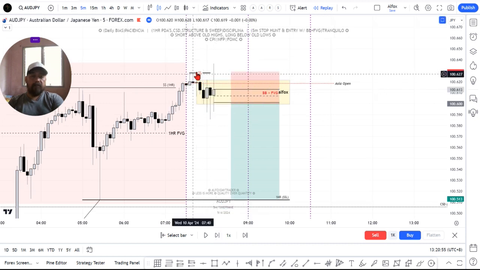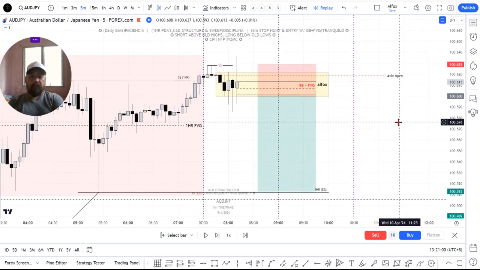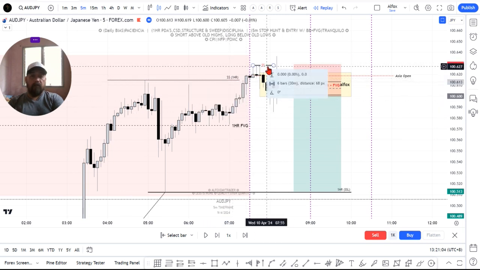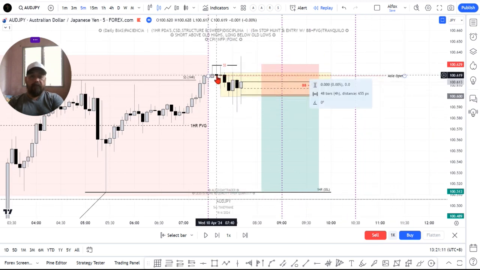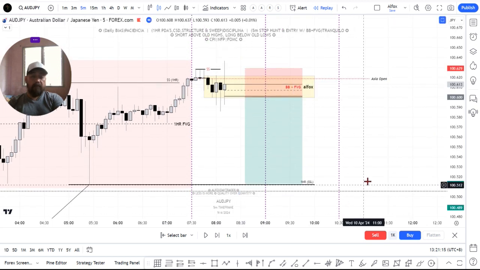So it also created our lower time frame stop hunt. So as you can see, we now have our higher time frame sweep, our lower time frame stop hunt, we have our breaker block, and price is in our premium zone, which is ideal for us going down.